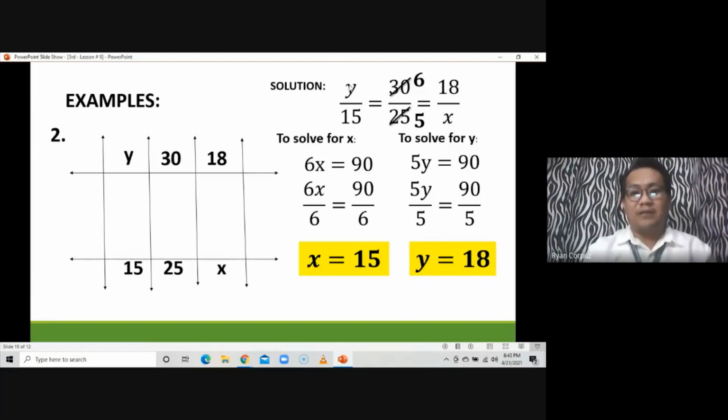So 18 ang y over 15, same way as this, di ba? Yung 15 ang value ng x. So 18 over 15, pag nilowest term, is also 6 over 5. So ang value ng x is 15 while the value of y is 18. So sinolve natin yon with the help of solving proportion, with the help of the fundamental law of proportion, and also we made use of the given about segments cut by transversals.